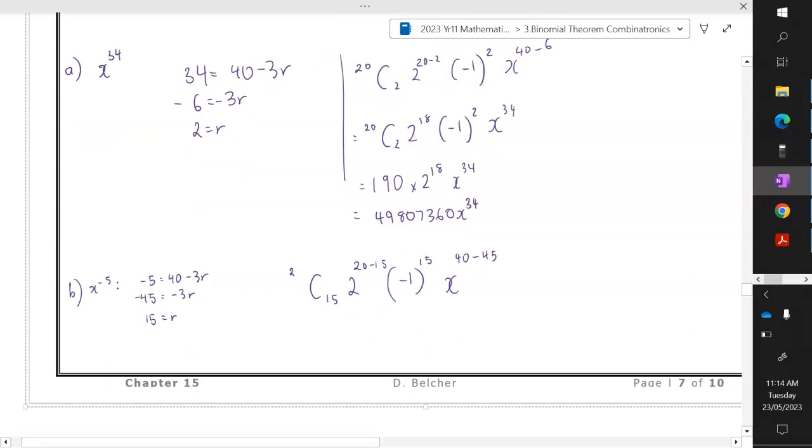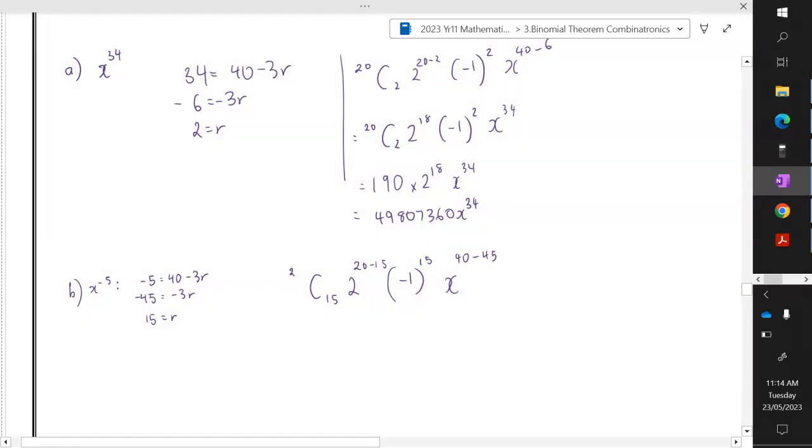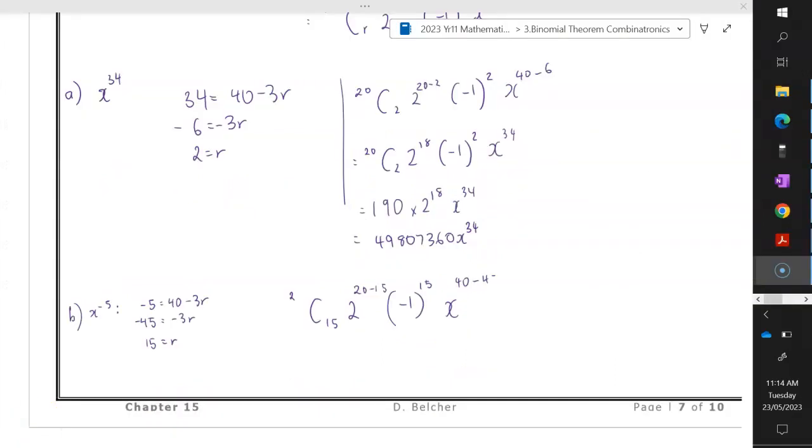That's going to give us, neatening that up, 20C15, which we'll pop in our calculator in a minute, 2 to the 5, minus 1 to the 15. Because 15 is an odd power, we're going to end up with a minus in there, so I might just pop that out the front now. We're going to have x to the minus 5.